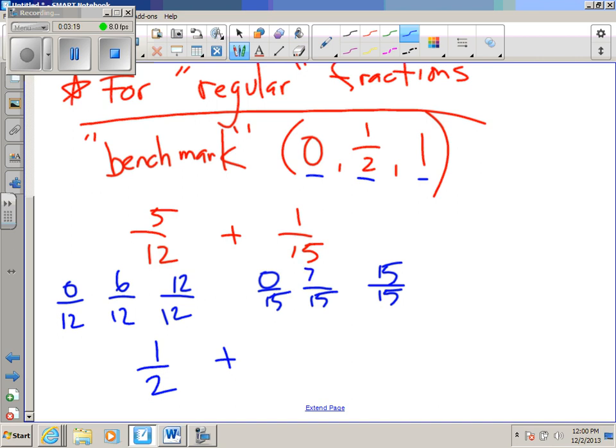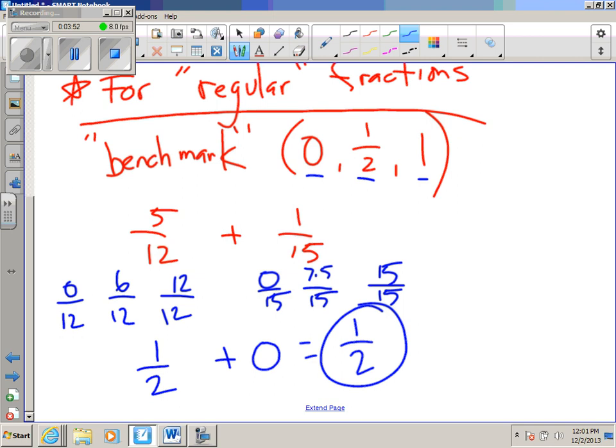Or you could say 7 or 8, right? Somewhere in that ballpark. Okay? So now I look at 1/15. Is that closest to 0/15, 7.5/15, or 15/15? 0. So I'm going to round that to be 0. What is half plus 0? And there it is. It's a long process to draw it out. It's not necessarily a long process to do it in your head.